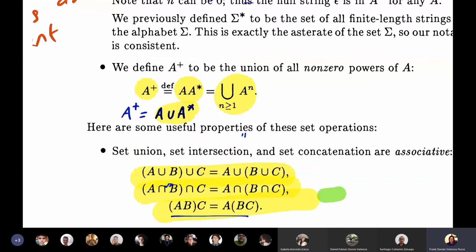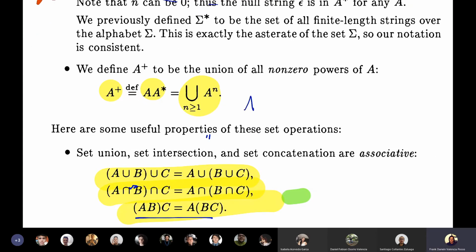So A plus is A concatenated with A star. That is the union of all A to the n, but you do not include the case n equals 0. So you start with n greater or equal to 1.